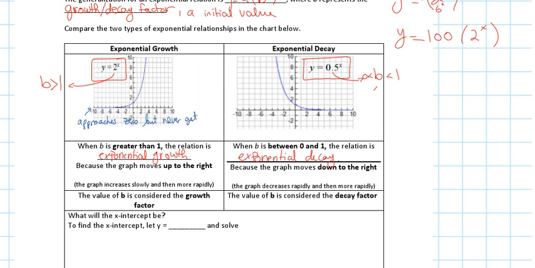So if you look at your graphs, it's growth because you see that it's growing slowly at the beginning, and then you're going to see a very fast increase after, right? While the other one, you see it's decreasing fast at the beginning, and then you're going to have a slow decrease after. All right?